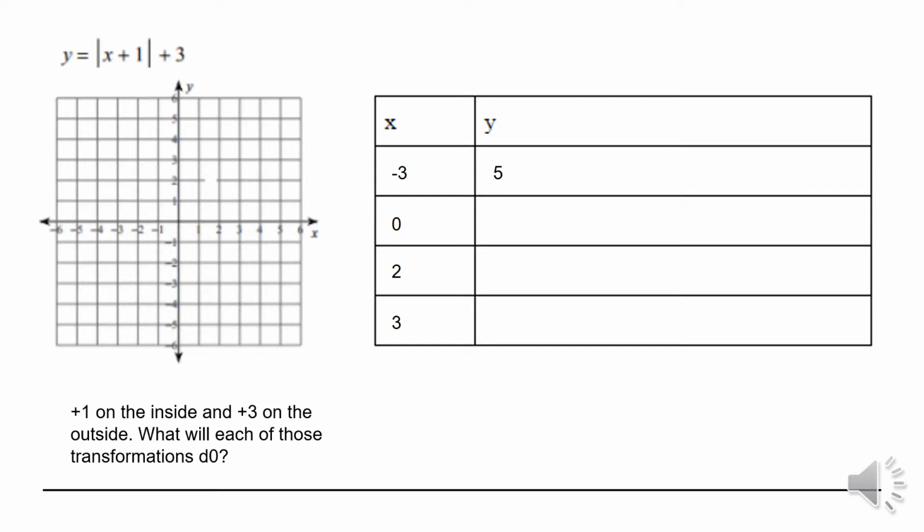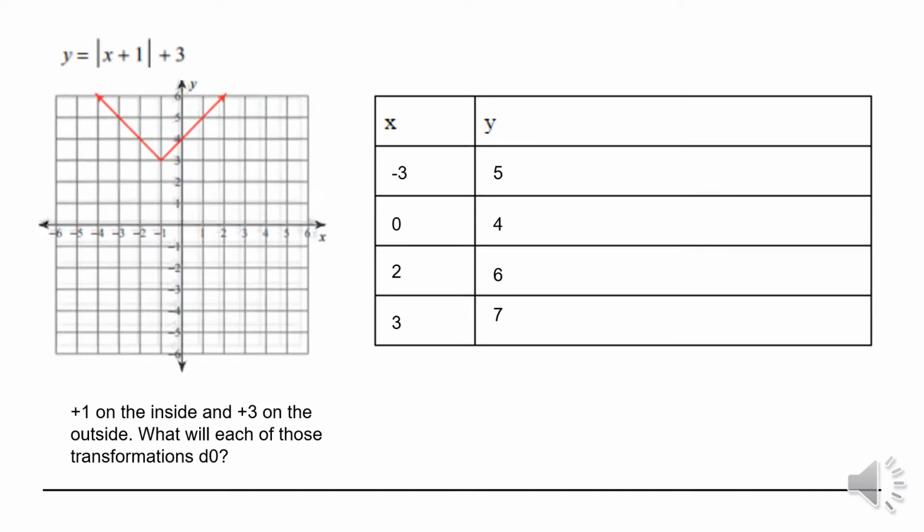When I plug in 0, I get the absolute value of 0 plus 1, or the absolute value of 1, which is just 1, plus 3, which gives me 4. When I plug in 2, I get the absolute value of 2 plus 1, which is the absolute value of 3, which is 3 plus 3, I get 6. And lastly, the absolute value of 3 plus 1, which is the absolute value of 4, which is 4 plus 3, which is 7. So my graph, again, we are correct, saying it's going to move left 1 and up 3.